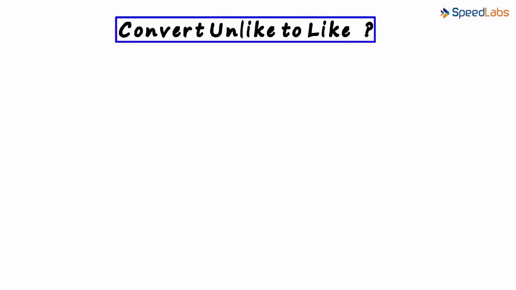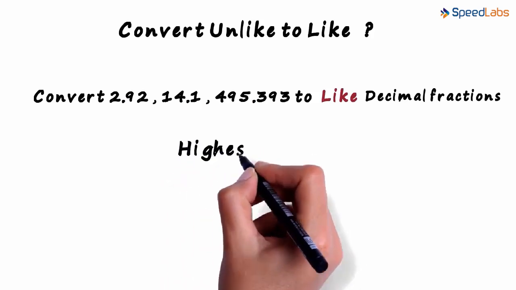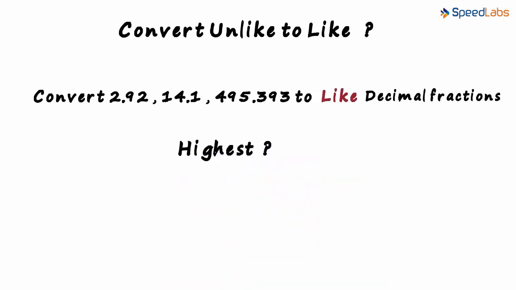Now look at this question. We have to convert these three decimal fractions into like decimal fractions. As the number of digits after the decimal point are not the same, we can say they are unlike. To convert them into like decimal fractions, the first thing we need to do is find the decimal fraction which has the highest number of digits after the decimal point.